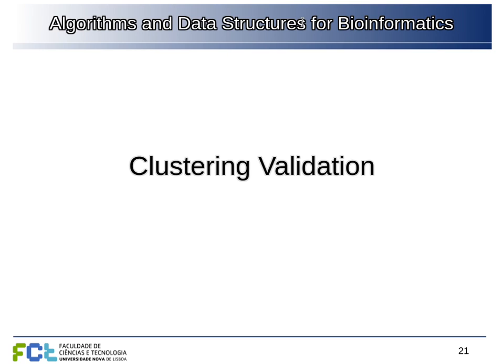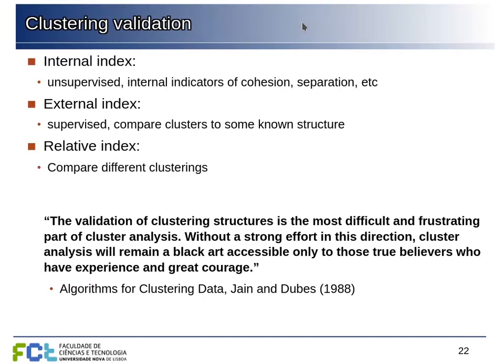So one problem that arises is how we can validate the result of clustering. After we have our results, how do we know if they are good or bad? So basically, I'm going to give a very brief overview of this problem, looking at both internal indexes and external or relative indexes.